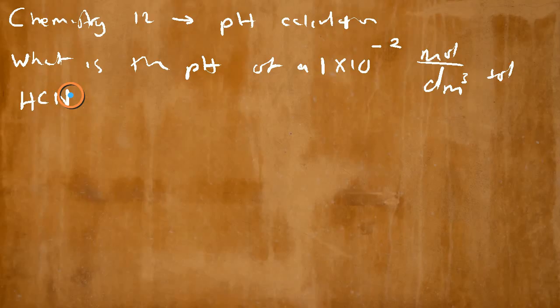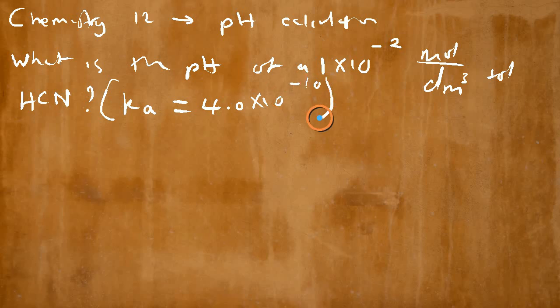And for this HCN, we are told that we have a Ka, and this Ka is going to be 4.0 times 10 to the negative 10. So this is the information that we are given, and we have to use this information to find the solution relevant to this particular problem.